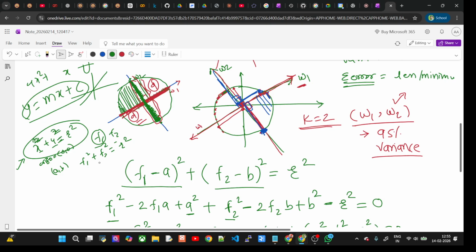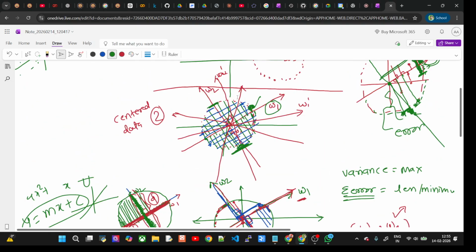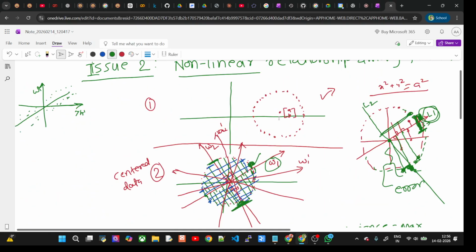But now these points, whatever first attempt we have seen, a and b, they are not actually at the center. This circle is not at the center, and you have to do the PCA on that. So you followed the step: you brought it to the center by subtracting the mean from the values.